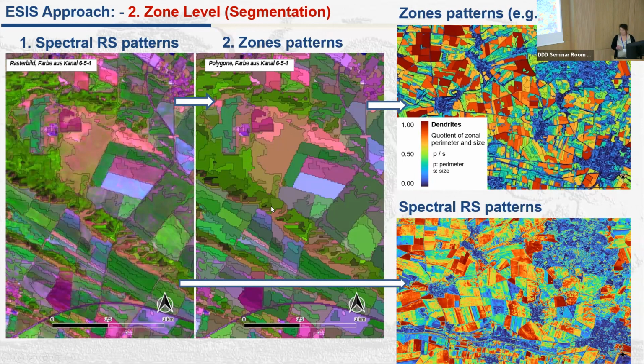It's part of segmentation, and here not only a segmentation, you get a vector data set. A vector data set integrates different attributes. Here in this right example, you have dendritis. It means you quantify the shape of this dendritis, or you have other examples like diversity and so on. And here at the bottom, you have spectral patterns based on raster data.